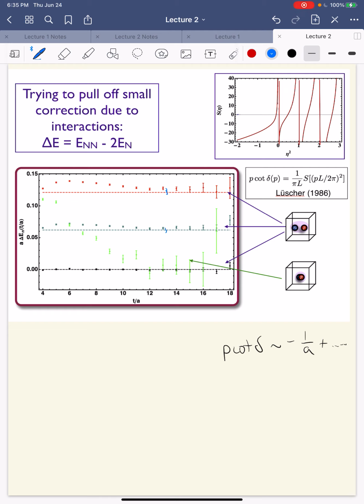So it's the distance from the non-interacting energy to the energy we're trying to extract. And so now you can understand why, if your error bars are exponentially growing, this is a really big problem, because you're never going to be able to resolve these tiny energy differences if you have noise on top of that.